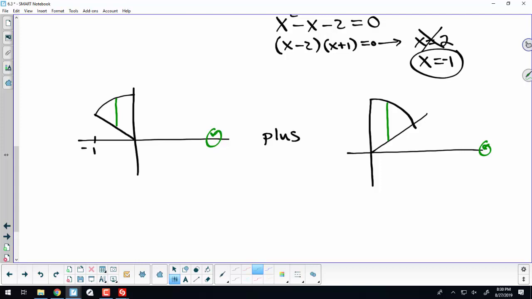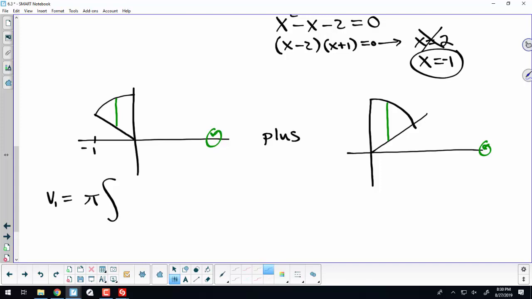So you've got two different washer method setups here. That would be the volume for this one. We'll just call it volume 1. Volume is pi times the outer radius squared minus the inner radius squared. So in this figure to the left, our outer radius is what? 2 minus x squared.